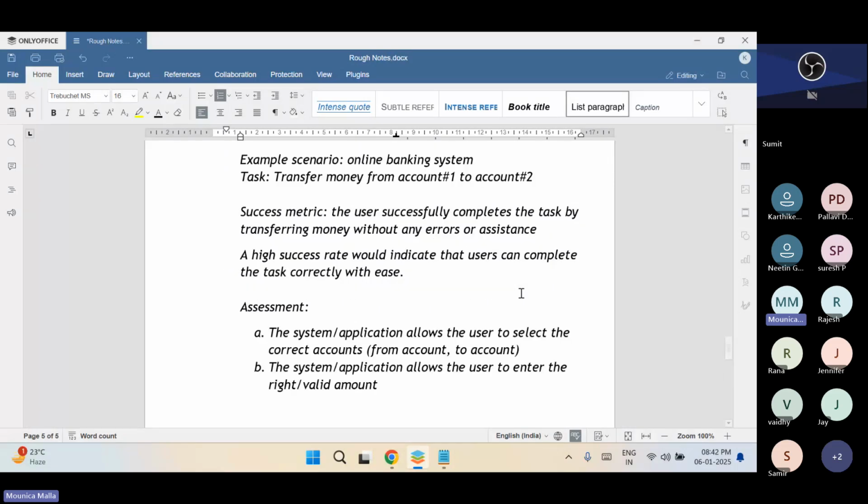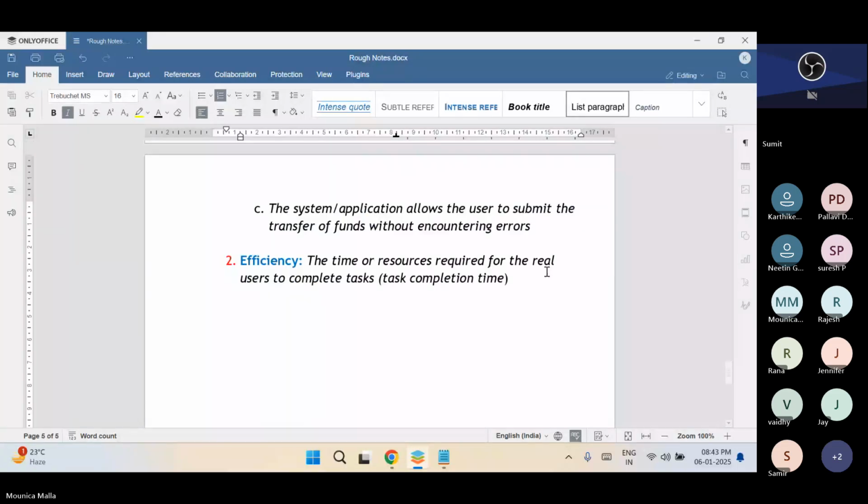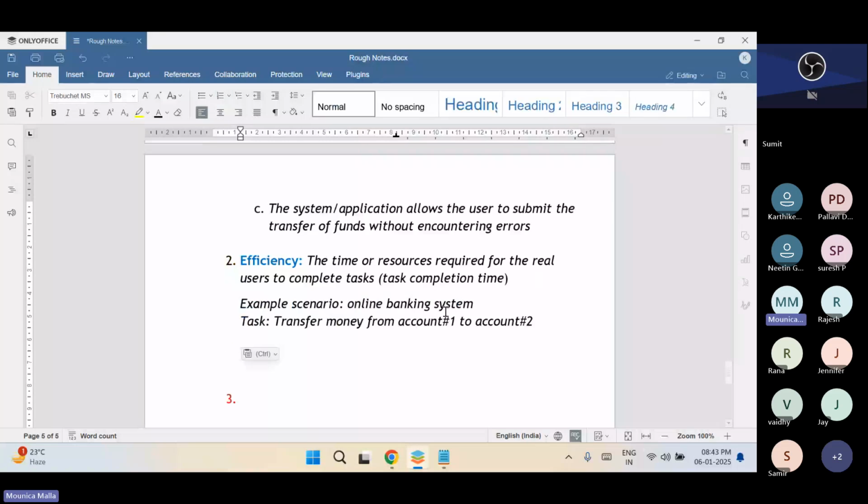Again, we will take an example scenario and one task. So here, instead of an online banking system, let's talk about an Amazon kind of application, an online shopping website. And the task here we can take is, let's say, what do we do on Amazon?